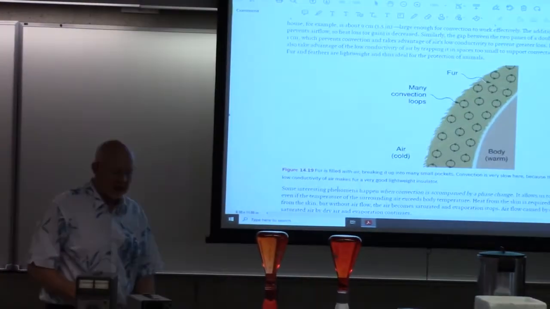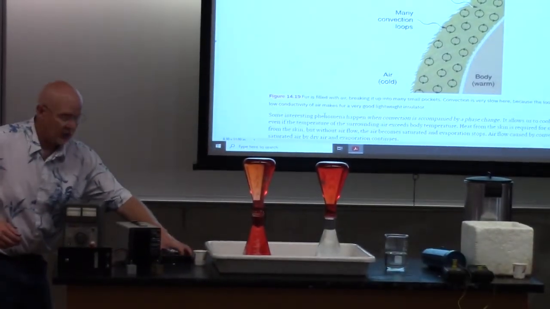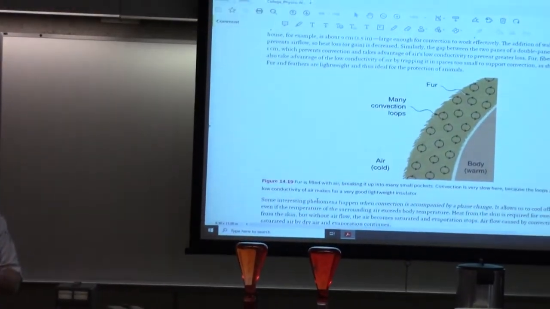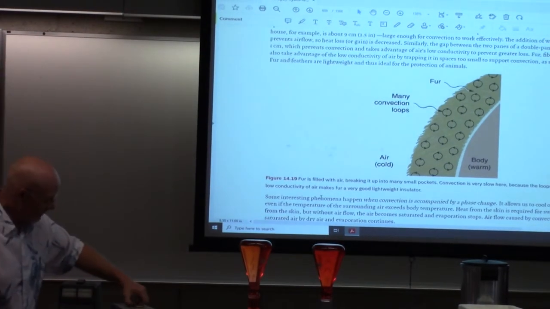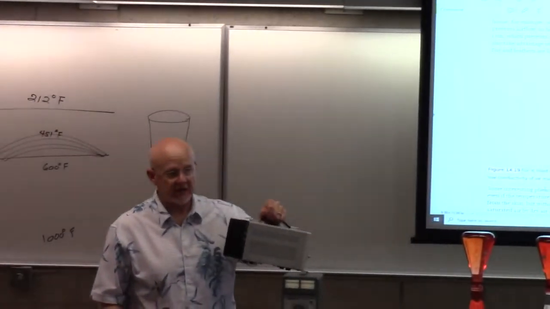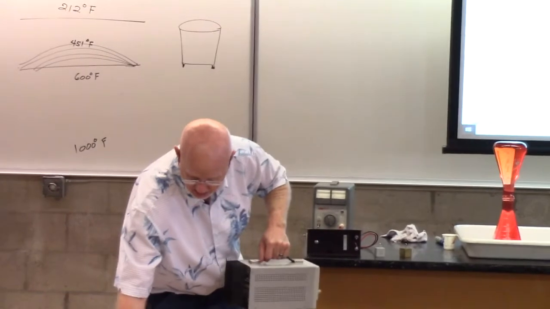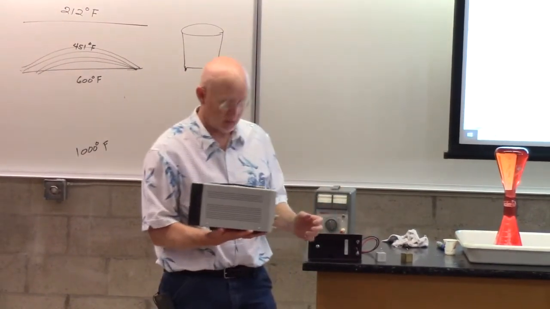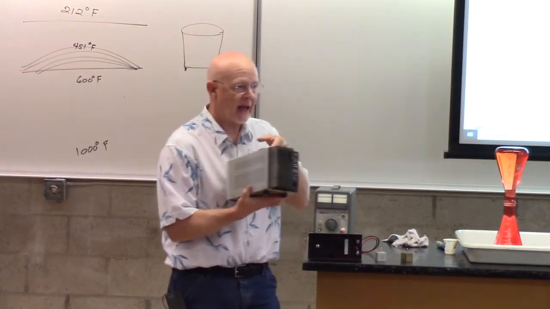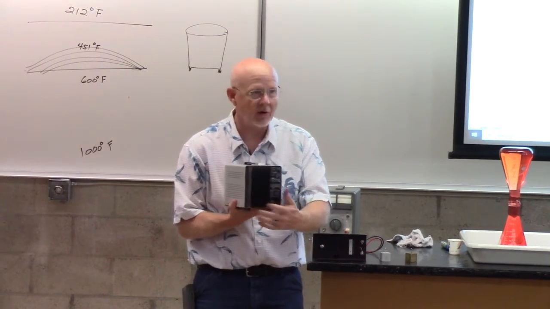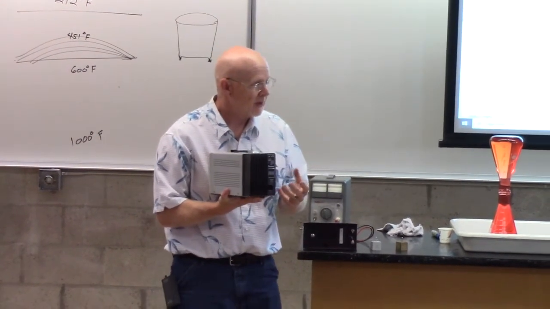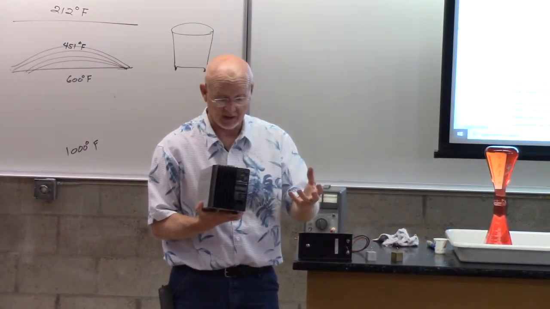In fact, it kind of leads to what we call cooling fins. Have you ever seen scientific equipment or other equipment that has this on the back or on the front? These are called cooling fins.